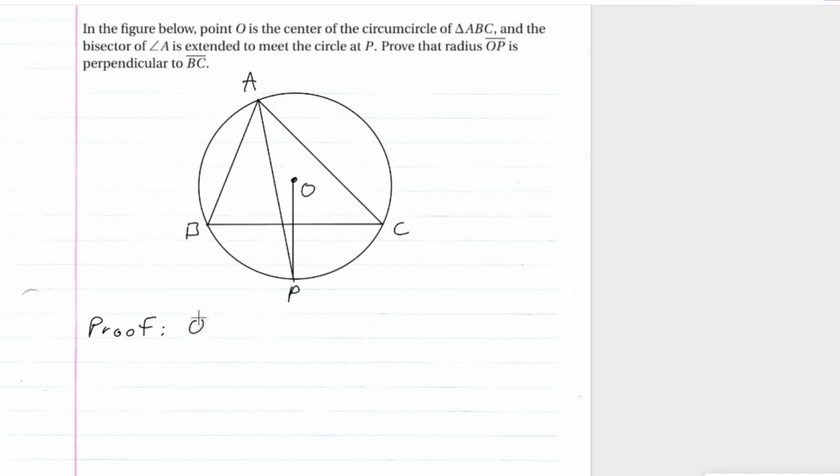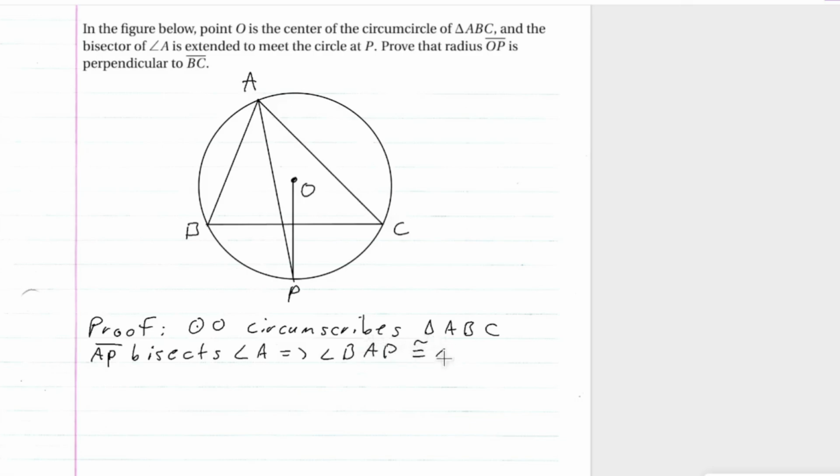Okay, so circle O circumscribes triangle ABC. And we have that AP, this line AP, bisects angle A, which of course implies that angle BAP is congruent to angle CAP.